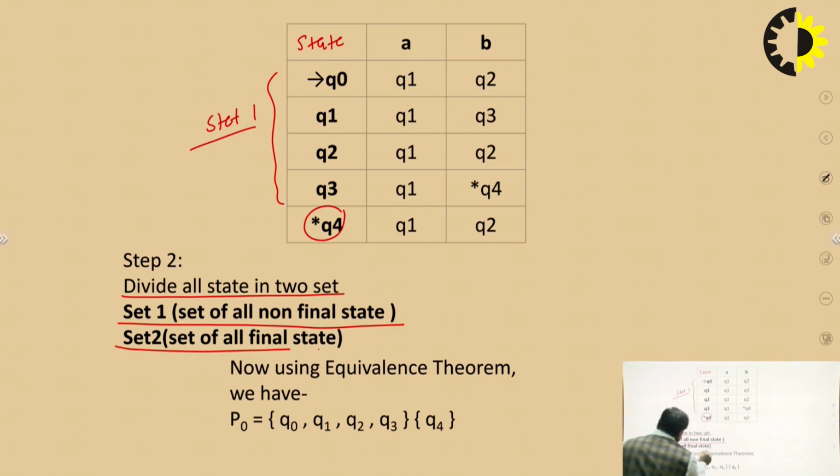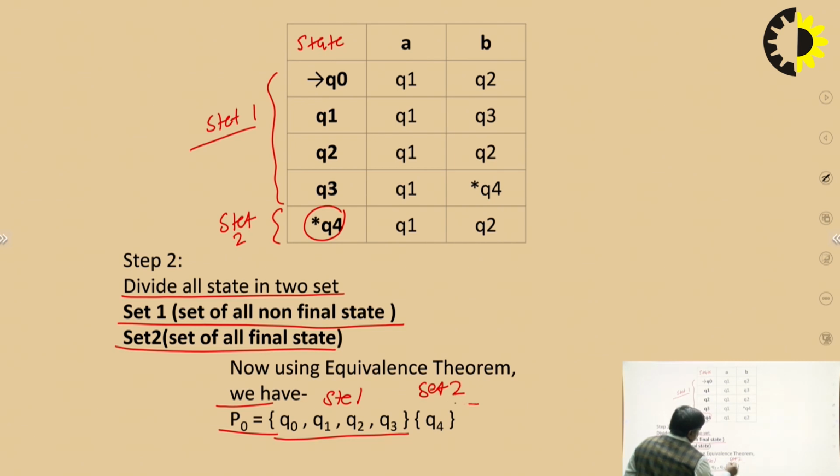And in set 2, put the set of all final states. Now we have the equivalence theorem. That is P0, that is set 1, and that is set 2. That is the second step for minimization. All the states are divided into 2 parts: the set of all non-final states and the set of all final states.